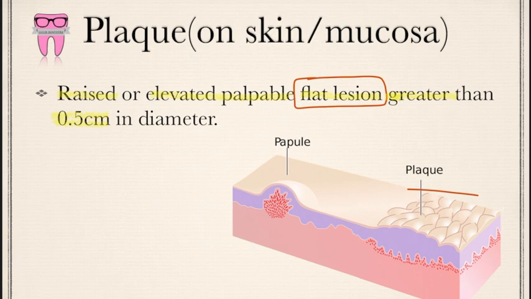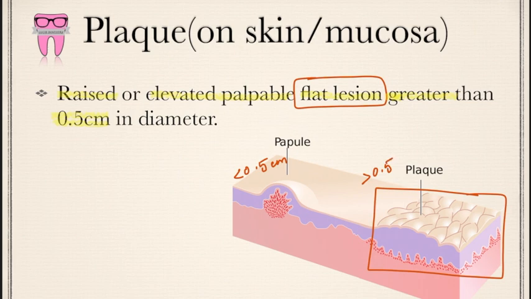This is a plaque. As you can see, it's a flat elevation. Papule was less than 0.5 centimeter in diameter, whereas plaque is greater than 0.5 centimeter in diameter.